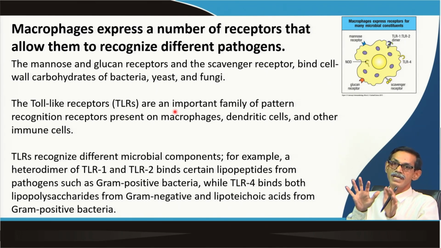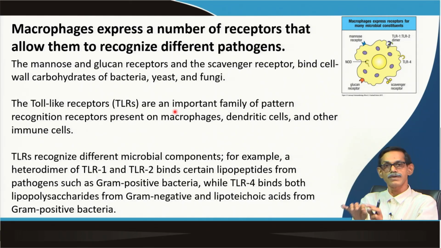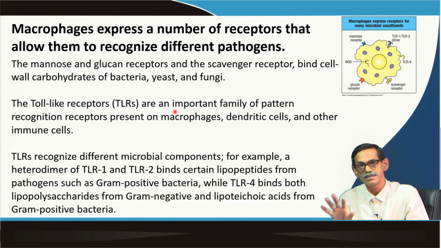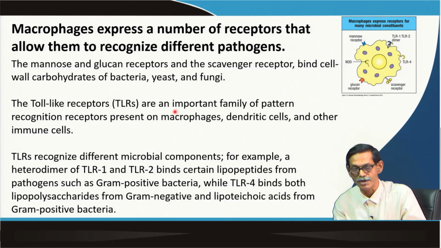So, LPS and lipoteichoic acids are not present in our own cells. So, if there is a receptor in the macrophage which can recognize those, it can immediately figure out that whatever organism enters, they are not our own cells. So, that receptor can recognize them and get the signal that they are foreign.